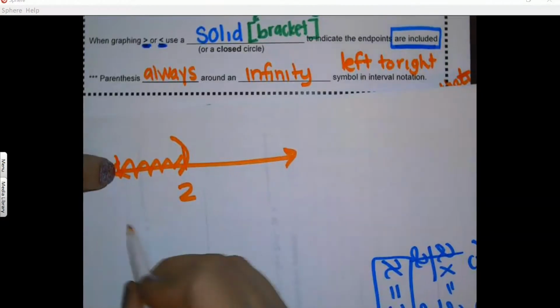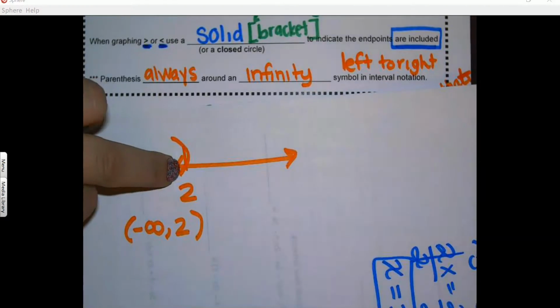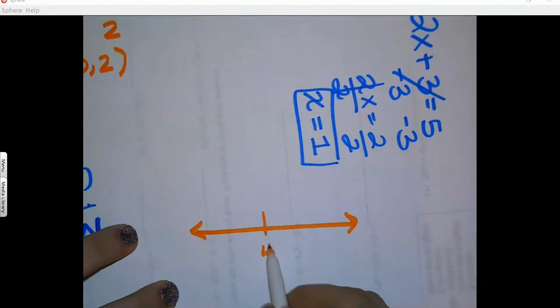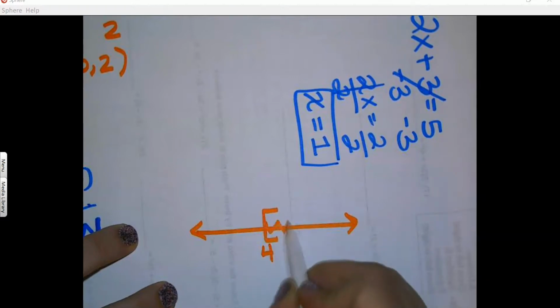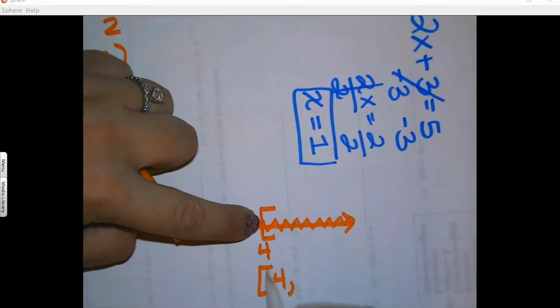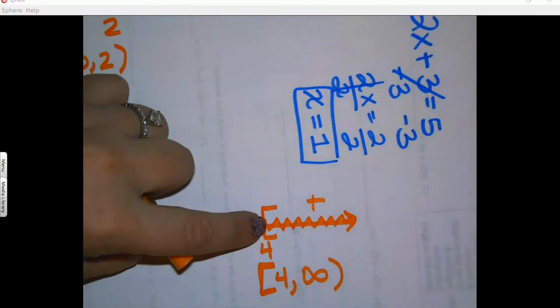You would write it as negative infinity, comma, 2. If the graph looked like this, you'd write your interval as 4, comma, with a bracket, and then infinity because it's going in the positive side. These are all the positive numbers.